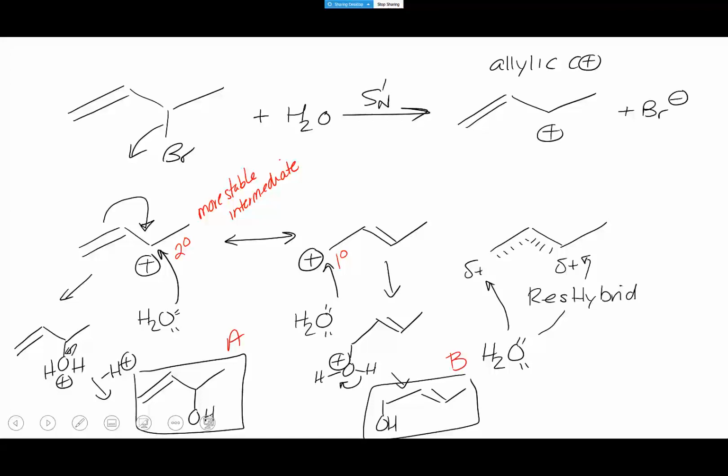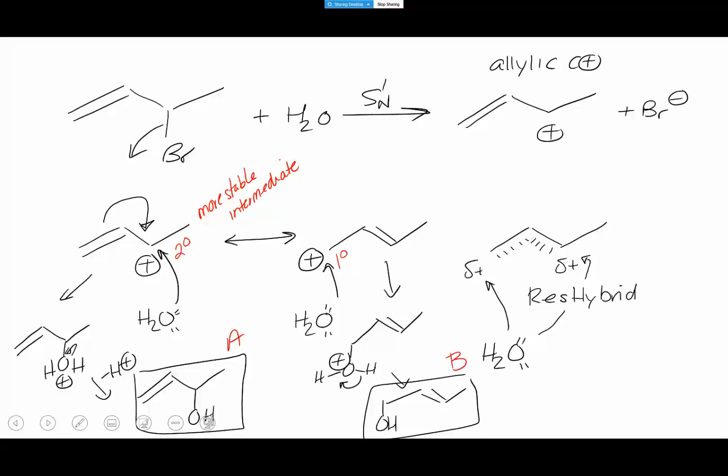The double bond's more substituted, so for B you would consider that to be the more stable product. Now, do we have rules about stabilities of alcohols? Do we have a rule that says a primary alcohol is more stable than a secondary or vice versa? No, we don't have that rule, just like we didn't have it yesterday with the halides. We didn't say a primary halide's more stable than a secondary. There are no rules for that. But there are rules for double bonds. The more substituted the double bond, the more stable it is.